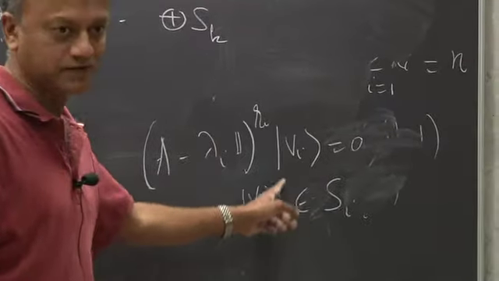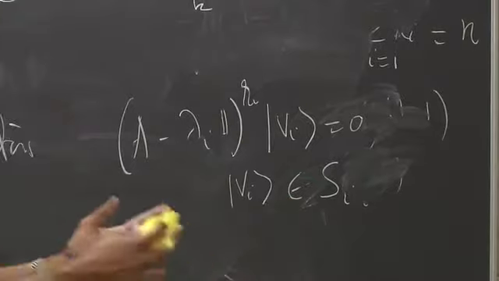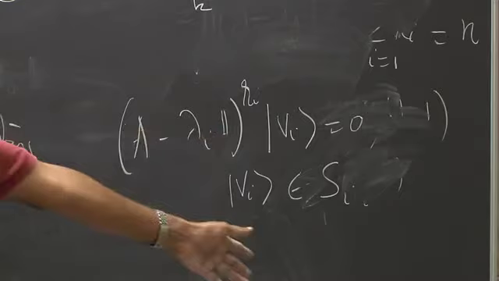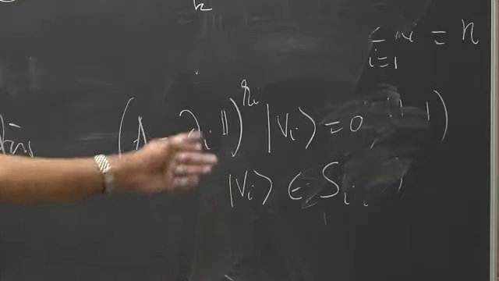This is true for any vector V_i of S_i. So every vector of S_i satisfies this equation, and therefore they are generalized eigenvectors of rank less than or equal to r_i.